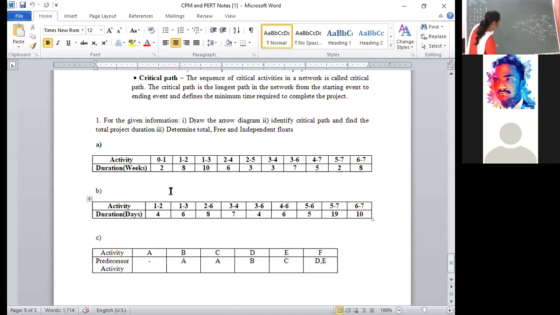Right now we have to calculate L3. If you look at a glance, for L3 it is coming from 2 nodes. One is coming from 6, another is coming from 4. Then in backward pass, the formula is the minimum. L3 is equal to minimum of L6 minus T36, comma, L4 minus T34.